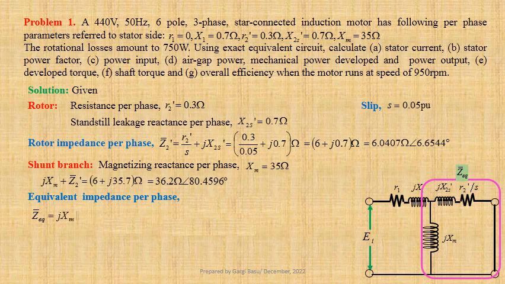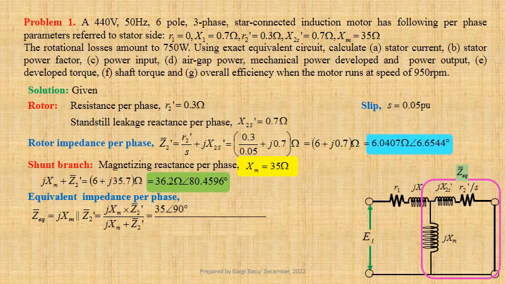Zdq equals jXm parallel with Z2 dash, that is equal to jXm into Z2 dash divided by jXm plus Z2 dash. Using values we get 35 at an angle 90 degree into 6.0407 at an angle 6.6544 degree divided by 36.2 at an angle 80.4596 degree, that gives us 5.84 ohm at an angle 16.1948 degree.